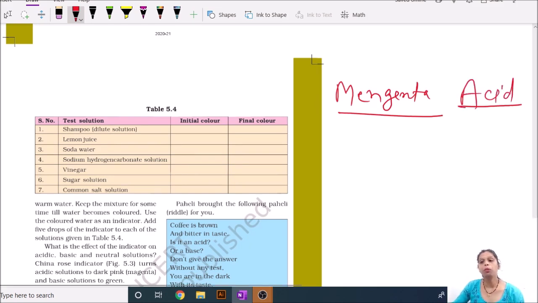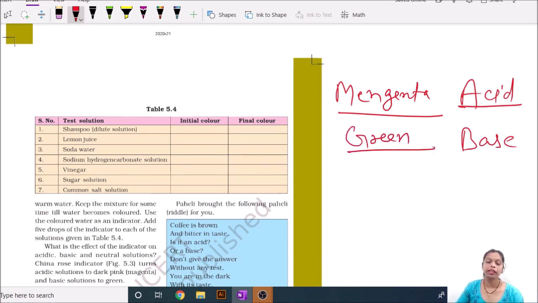And when we put some drops of China rose indicator into a base, its color changes into green. Then these are the different types of natural indicators that we have studied here.